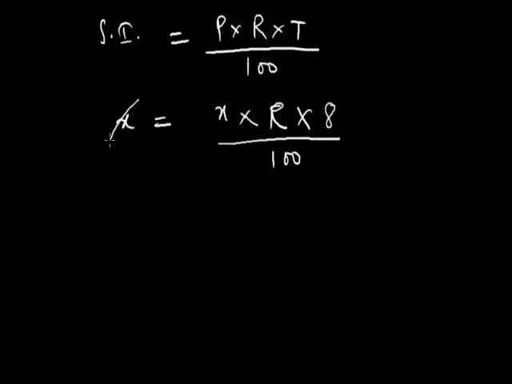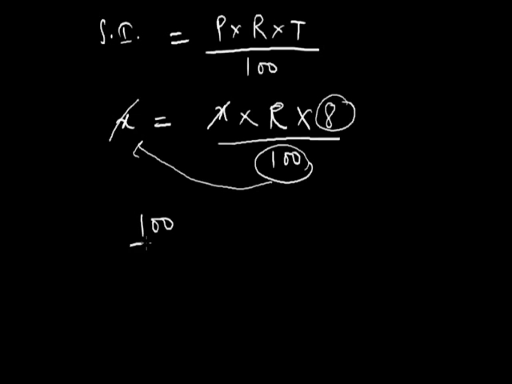So in this equation x is cancelled on both sides. What remains is this 100 in the denominator, which is taken to the numerator on the left hand side, and this 8, which is in multiplication, is taken to division on the left hand side.